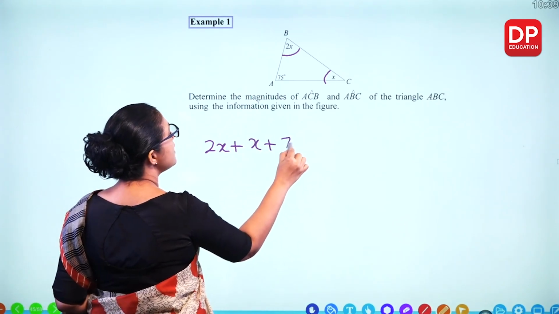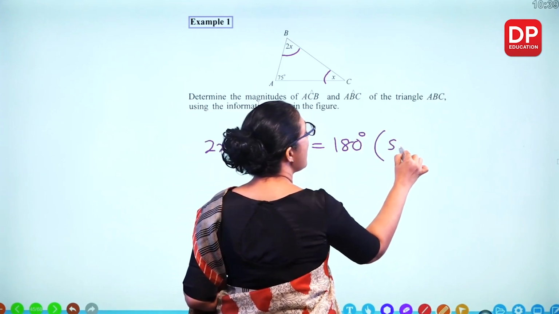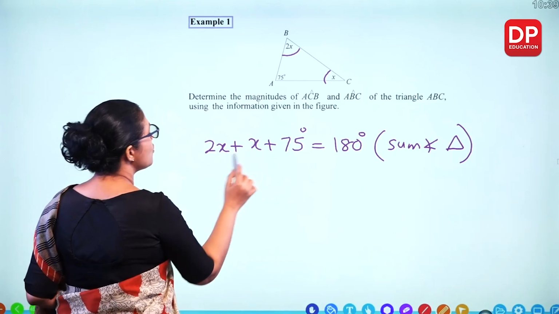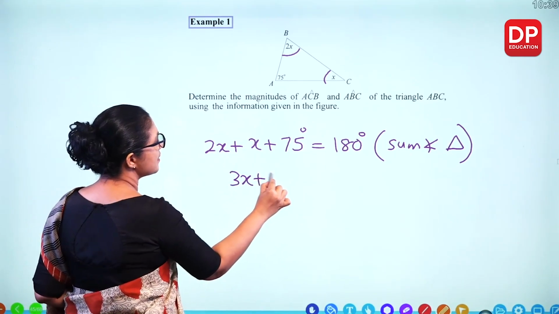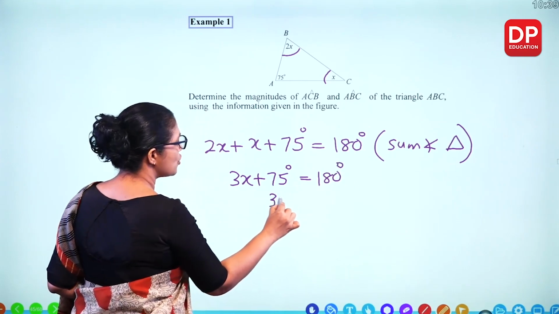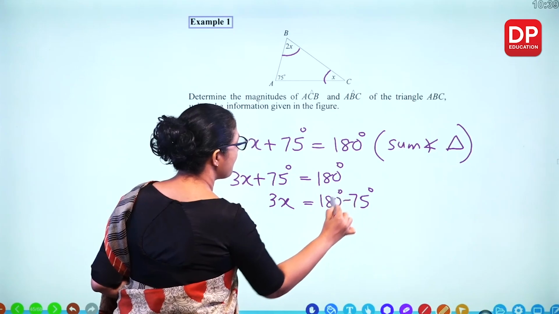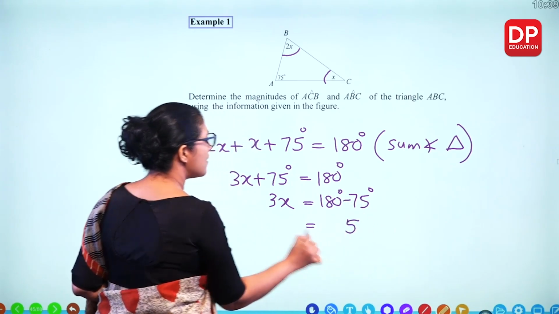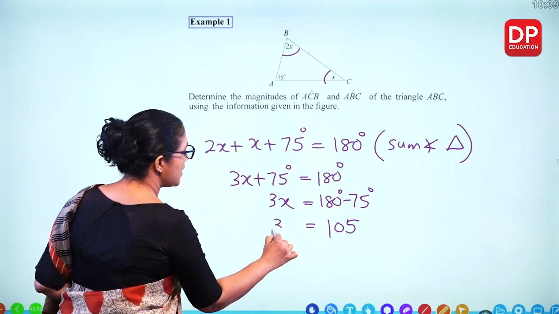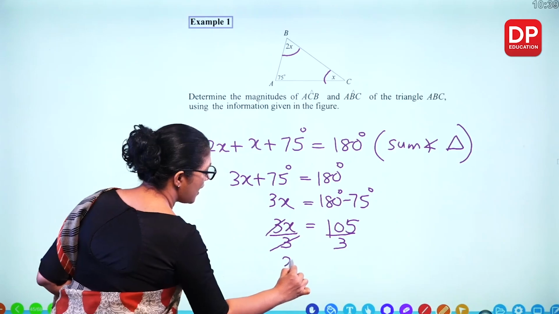When you add all these three angles, that's equal to 180, sum of angles in a triangle. 2x and x becomes 3x. Now subtract 75 from both sides. What you get? 180 minus 75, you get 105. So 105 is 3x. When you divide this by 3, you get the x value.